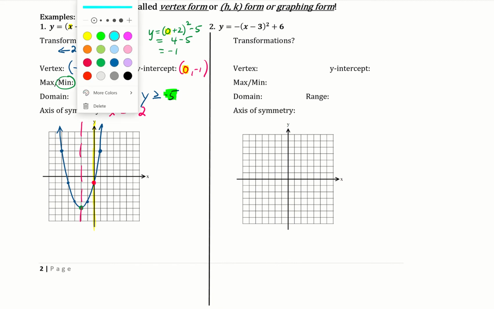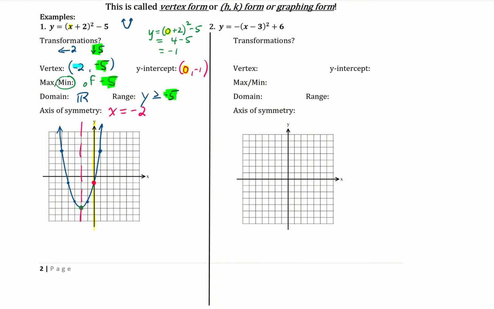The other thing that can be helpful to recognize is that the x-coordinate of our vertex is always going to be the same as our axis of symmetry. And that's coming from that left and right transformation. So the more you understand how these go together, the easier it becomes to graph these.